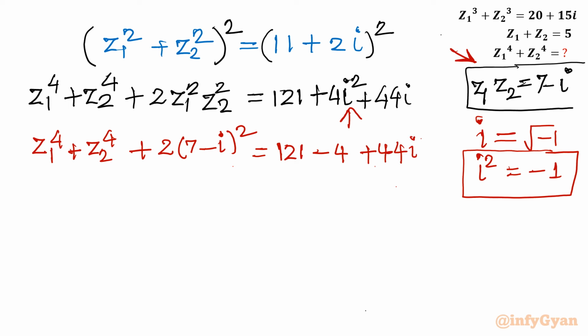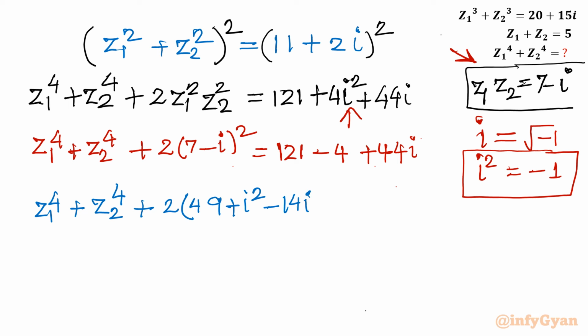Now let's simplify RHS and LHS. We will apply the a minus b whole square formula. So I will write z1 power 4 plus z2 power 4 plus 2 times 49 plus i square minus 14i. Expansion is over. Right hand side, 121 minus 4 is 117, plus 44i.